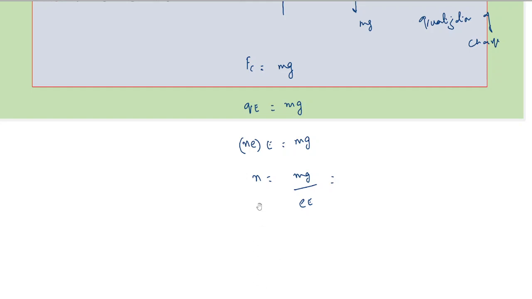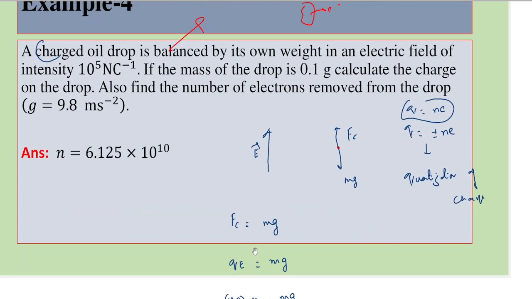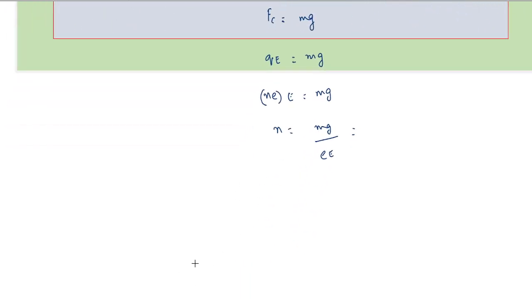The mass of the oil drop is given as 0.1 gram, and we can write 0.1 gram as 10^-4 kg, because 1 gram is 10^-3 kg.